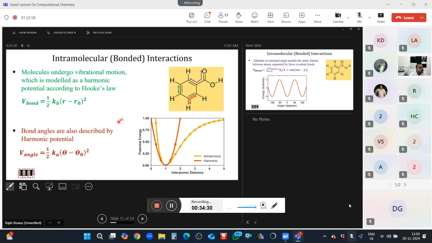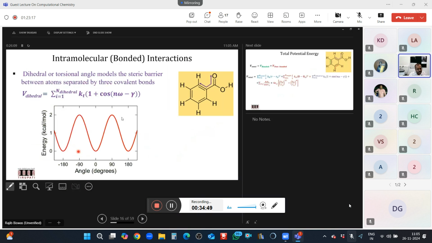So in case of angle, we use the same harmonic potential energy functional form, where your three atoms will oscillate, and they will try to have an equilibrium bond angle theta naught. Okay. So there is another term I told you about, the four atom term. So 1, 2, 3, 4, four atomic terms, which is known as dihedral, which actually gives us different conformations of big molecules.